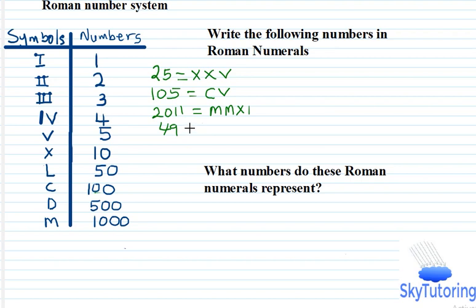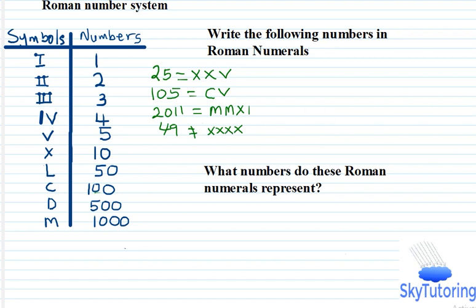We cannot write 40 as, let's say, XXXX, okay? So this X is occurring 4 times consecutively. So this is not acceptable in the Roman system.